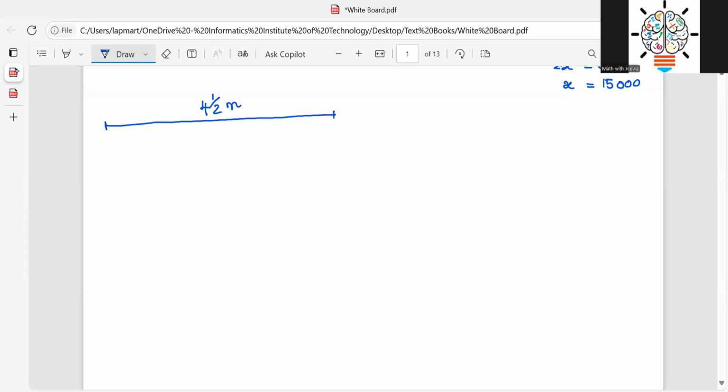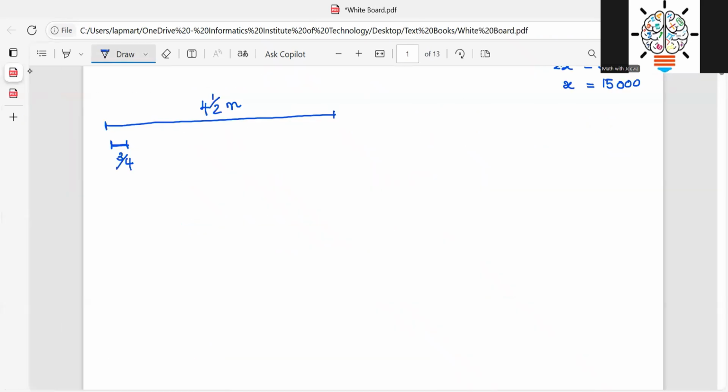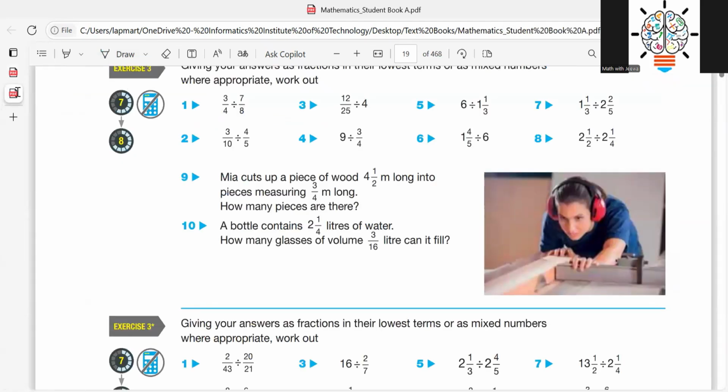And I'm going to cut this into small pieces. So then the small piece is what? 3 over 4, right? 3 over 4. So then I want to find how many pieces I can cut, right? How many pieces are there?